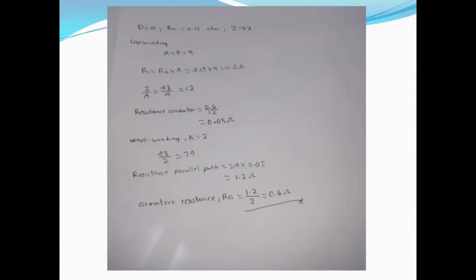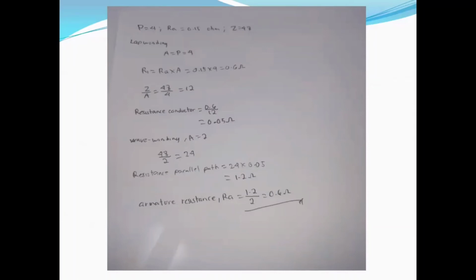So from the lap winding, A is equal to P, or equal to 4. So the resistance of each parallel path, R1, is equal to Ra times A.